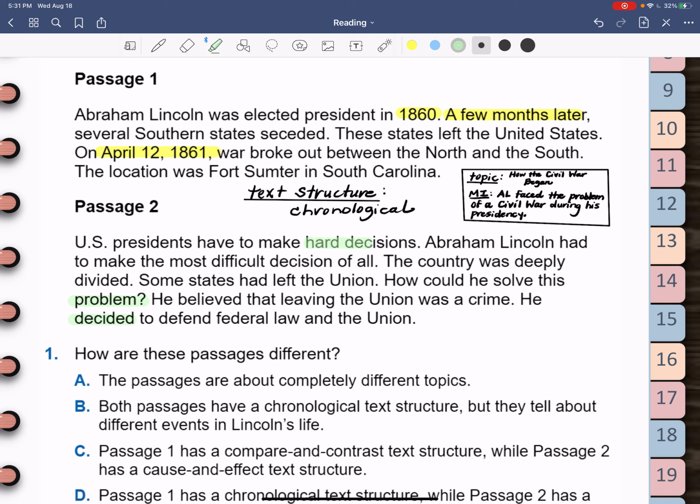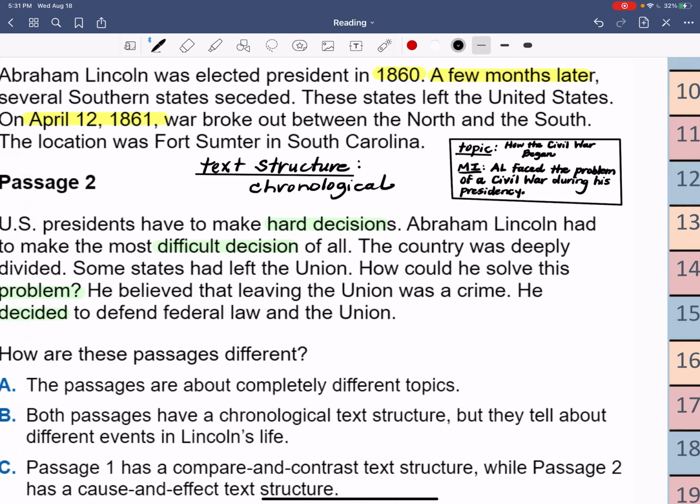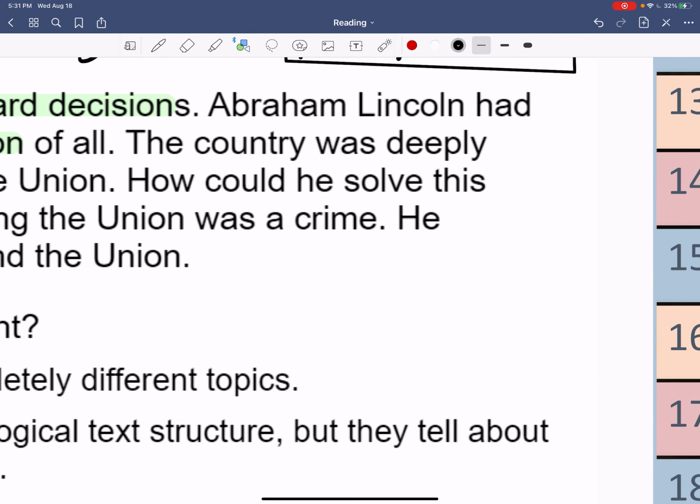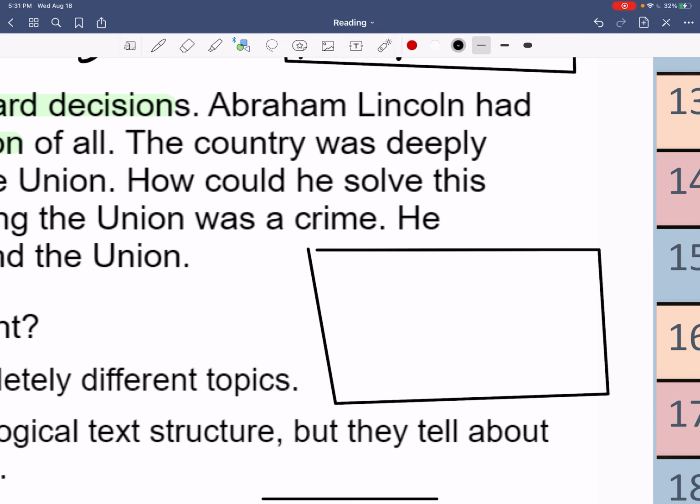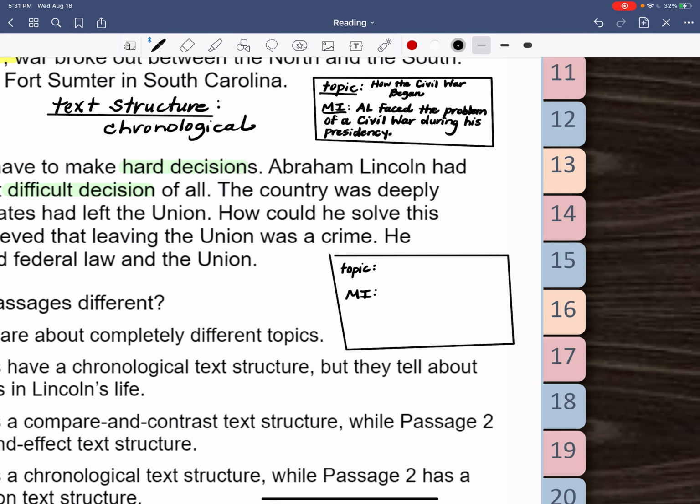Hard decisions, difficult decision, that is a problem. The country was deeply divided. Some states had left the Union. So this one is almost tapping me on the shoulder and saying, hey, I'm telling you about a problem here. So again, I'm going to use the same main idea.